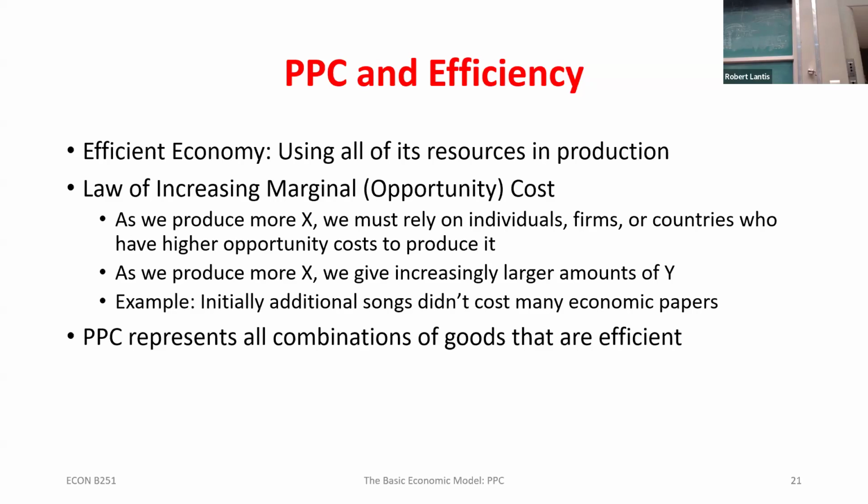If I'm producing, let's do the easiest example, if I'm using all of my resources to produce good Y here, why can't I get up to this level of production? I'm using all my resources. So everything out here we would say is unattainable, right? I'd love to be out there, right? I'd love to have more of both of these goods. Why don't I? Because I've used all my resources. Remember, this line represented that I'm using all the resources possible in my economy.